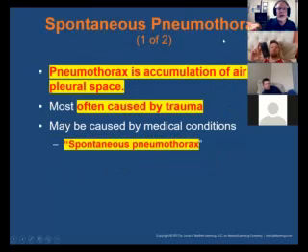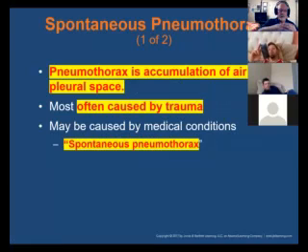Spontaneous pneumothorax. I promised you we'd do this. Spontaneous pneumothorax is accumulation of air in the pleural space, right? That space between the parietal pleura that lines the thoracic cavity and the visceral pleura that clings to the surface of the lungs, and that's a potential space.